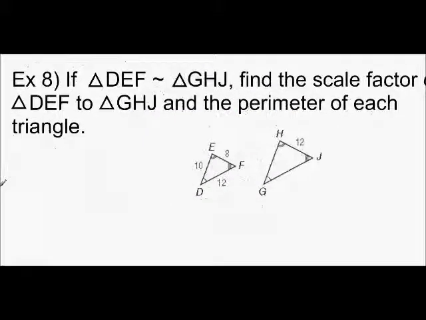Example 8, this is our last example. If triangle DEF is similar to triangle GHJ, find the scale factor of triangle DEF to triangle GHJ and the perimeter of each triangle. Okay, well, let's look at my corresponding sides, or angles. D and G go together. E and H go together. And F and J go together.